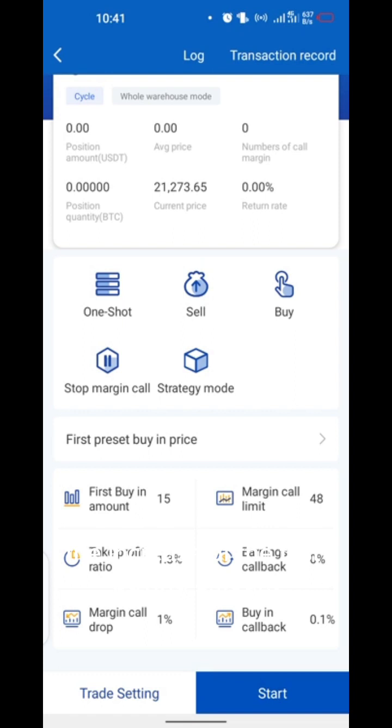The increase of the first buying amount. His first buying amount is 15 and Julia's first buying amount is 30 and the other one is 50, the other is 100. That changes the results. But if this happens with proper settings, ladies and gentlemen, you have proper guarantee of profit.